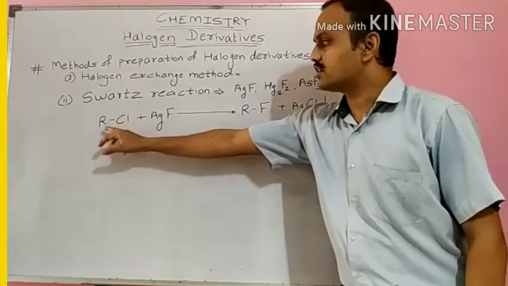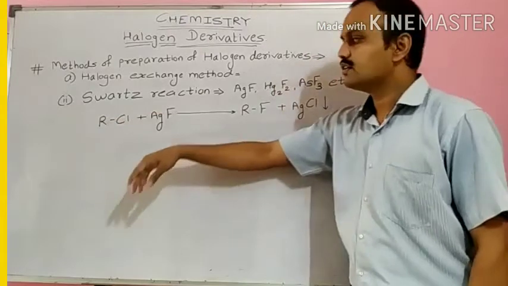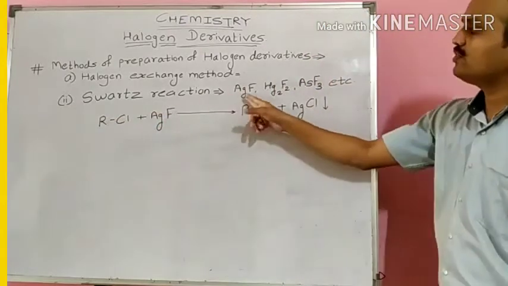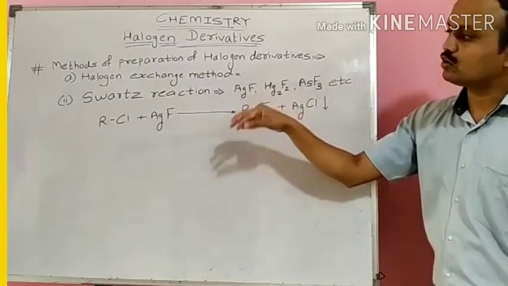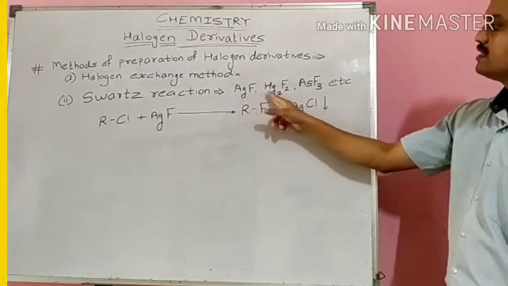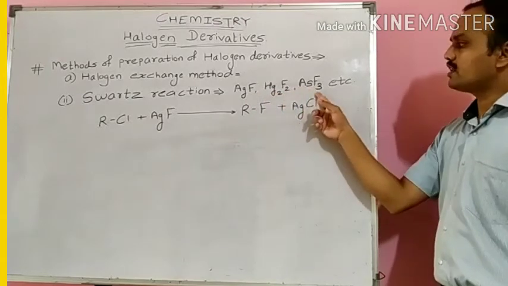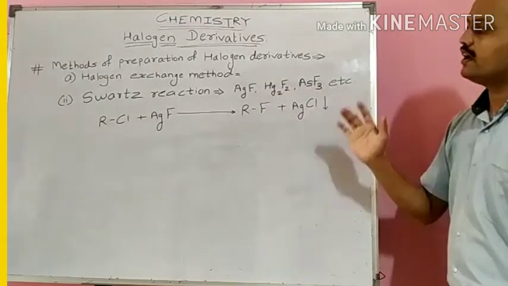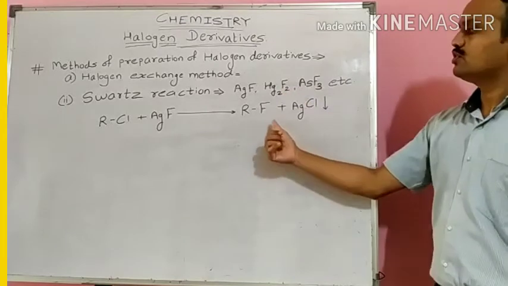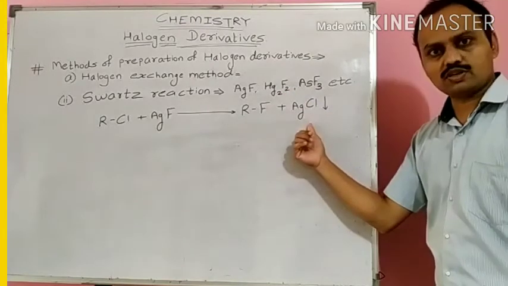In this reaction, alkyl chloride or alkyl bromide reacts with metal fluorides like AgF, Ag2F2, AsF3, etc. And on halogen exchange, we get alkyl fluorides and the corresponding byproduct.